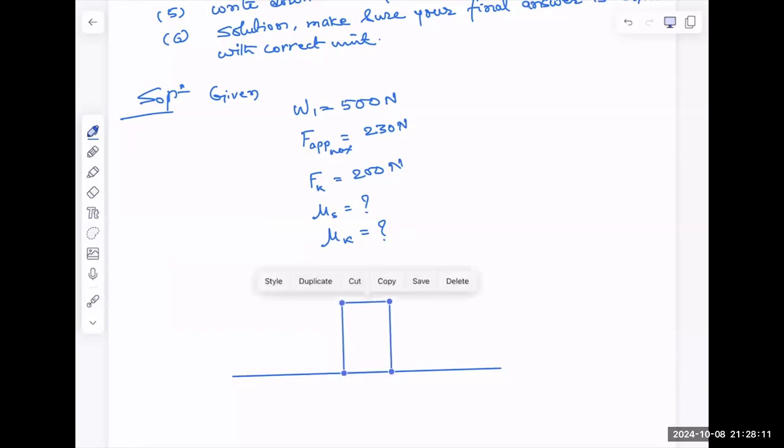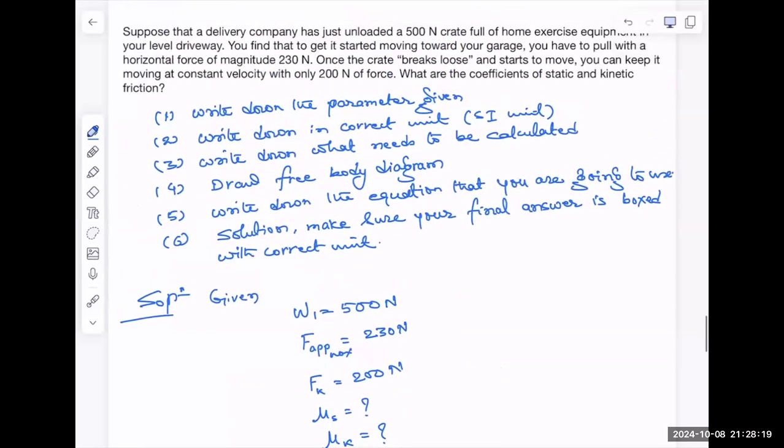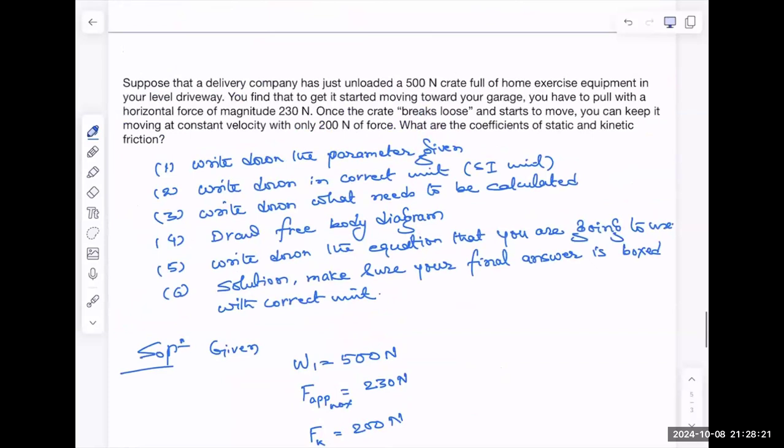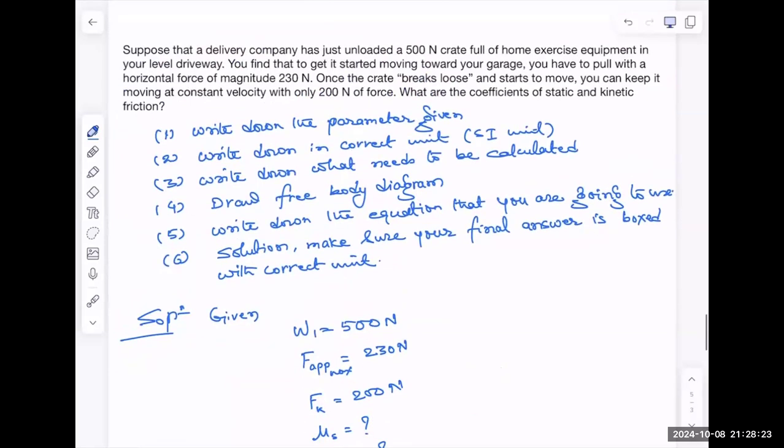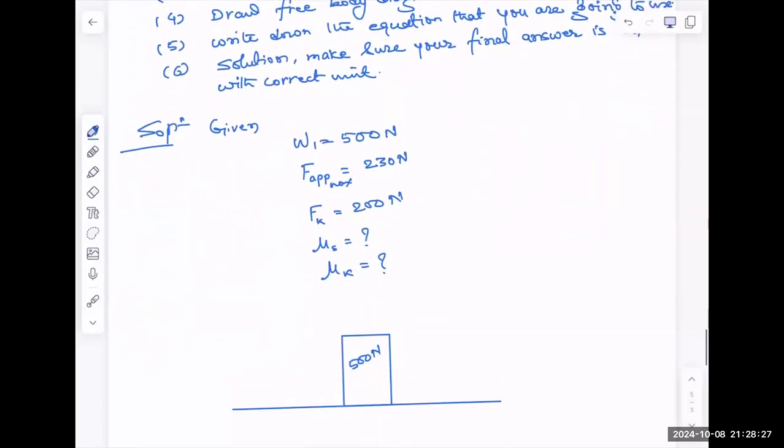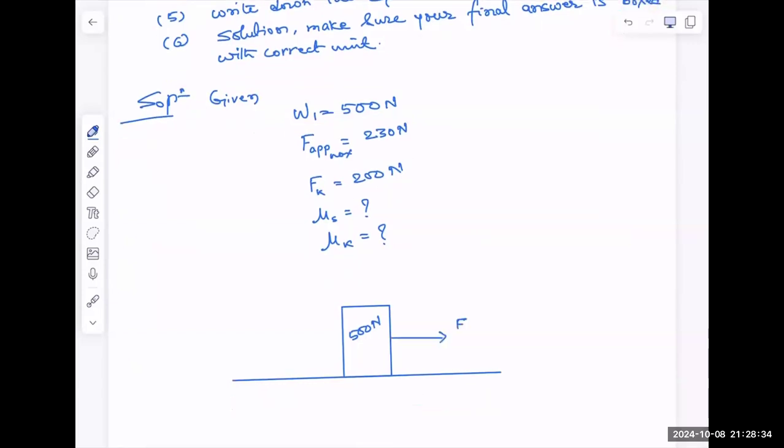Right, so I have this box which is about 500 Newton. And now what I have to do, according to the problem, is pull with a horizontal force of 230 Newton in this direction, right?